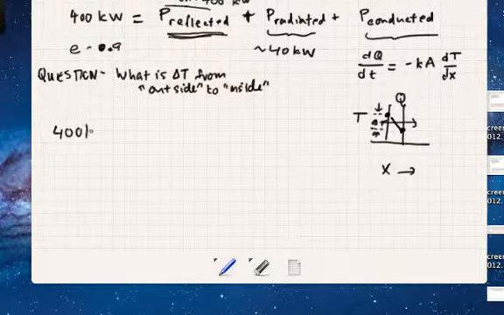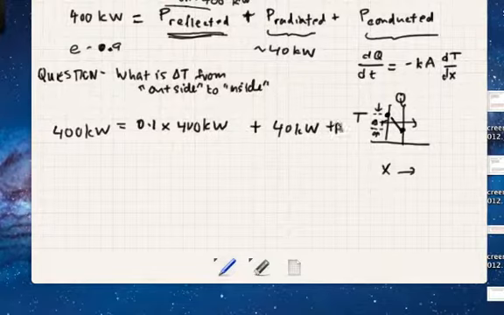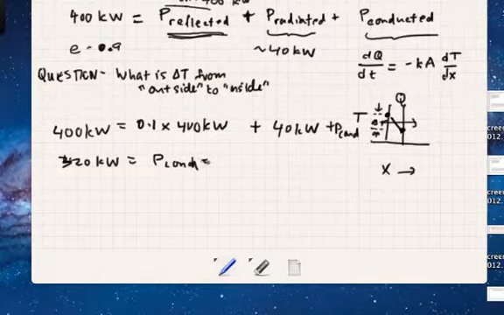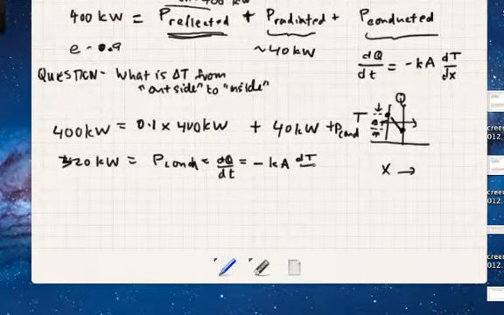So we have 400 kilowatts equals 0.1 times 400 kilowatts, which is 40 kilowatts, plus P conducted. So 400 minus 40 is 320 kilowatts equals P conducted, which equals dQ/dt equals negative kappa A dT/dx.